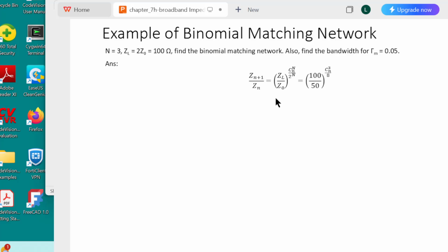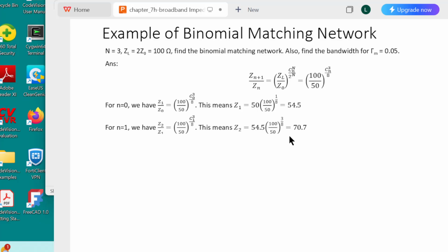And then the first impedance is 50. And we are going to calculate the E of n plus 1. So when n is 0, then you get this. And you can calculate E of 1, 54 times 5.